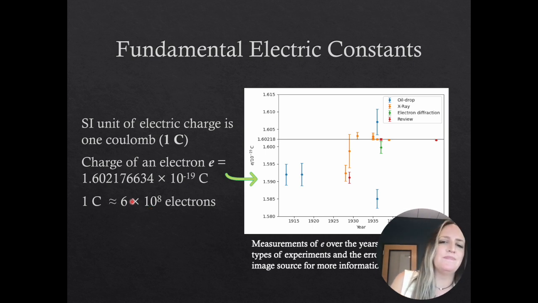So when we do our problems, we're always going to be dealing with microcoulombs, nanocoulombs, even picocoulombs, okay? 10 to the minus 6, 10 to the minus 9, 10 to the minus 12, respectively. So we're always going to be dealing with really small amounts of charge.